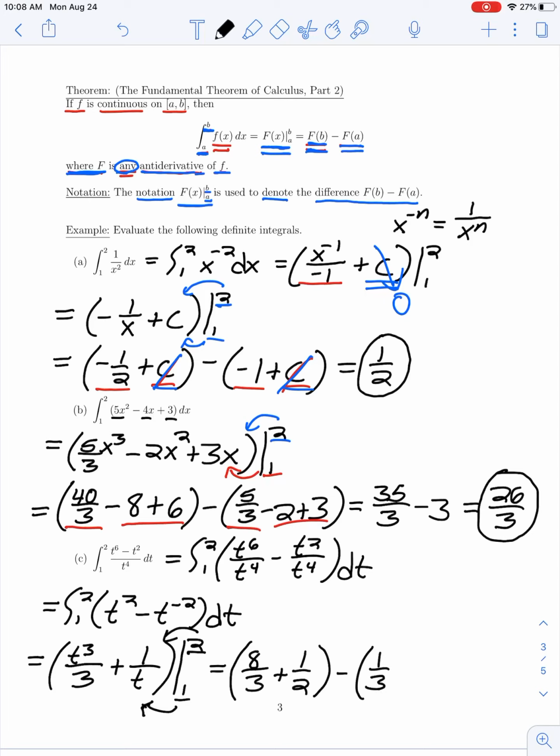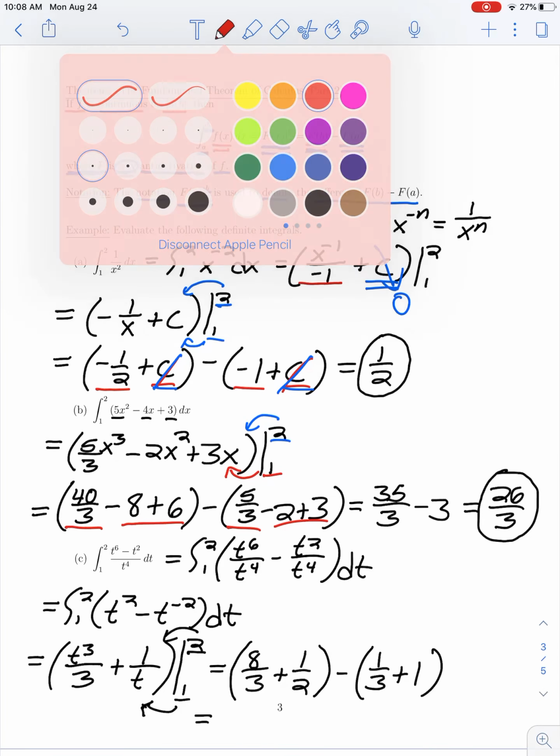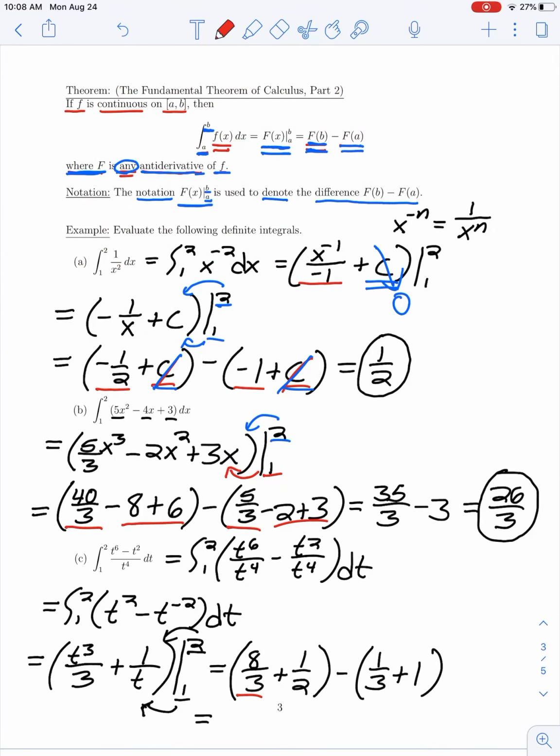So that would be a 1/3 plus 1. So let's simplify. Grouping terms based off the denominator, we have an 8/3 minus 1/3, which would be 7/3. And then we have a positive 1/2, and we're subtracting 1. So 1/2 minus 1 is minus 1/2.